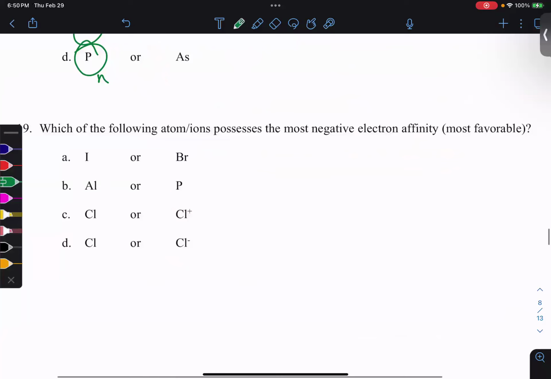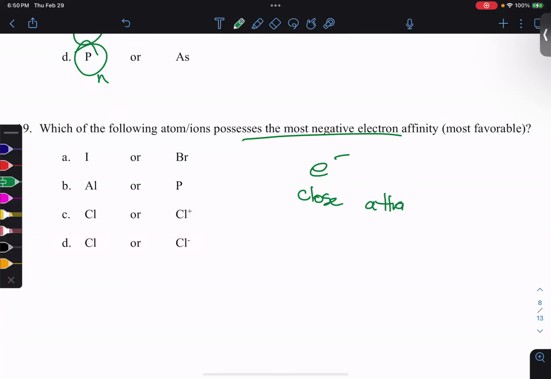All right, so which one gives the most negative electron affinity? Meaning you put an electron on, in which case do you get more energy out? So the trend is you get more energy out when the electron you place is close and attracted to your nucleus. So you will get the most energy out when you place an electron on something that is already small.